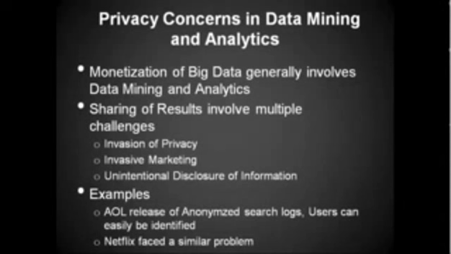There are quite a few examples in the past of privacy concerns in big data. For example, AOL released anonymized search logs for academic purposes, but users were easily identified by their searches. Netflix faced a similar problem when users of their anonymized data set were identified by correlating their Netflix movie scores with IMDb scores. That's really concerning.